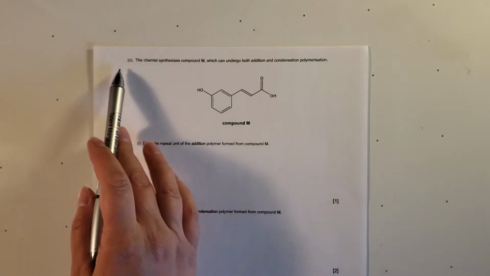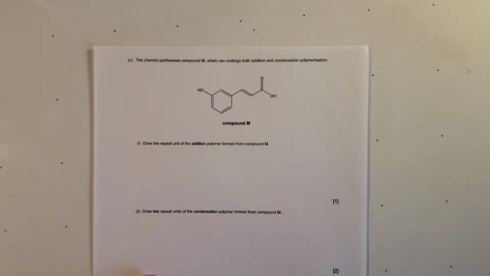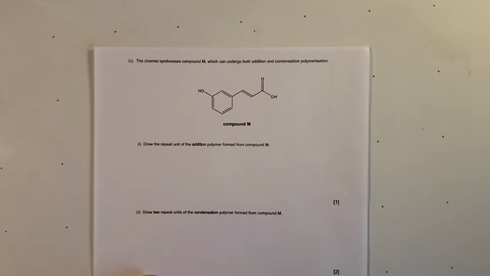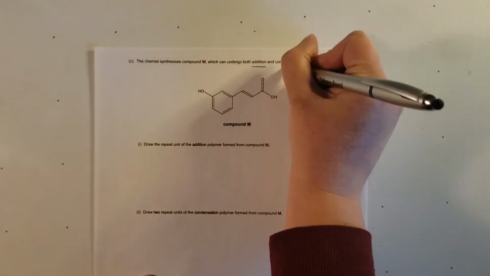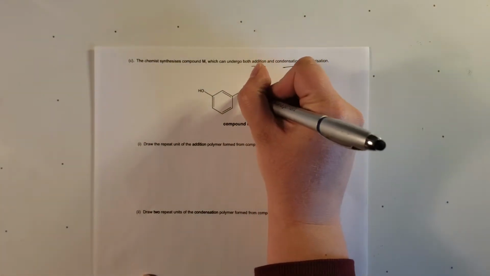All right, so this is just part of a question. I chose the part that was relevant to this video, so the polymers. So let's take a look. The chemist synthesizes compound M, which can undergo both addition and condensation polymerization. Okay, so we know it can do this and that. So we can make some notes.